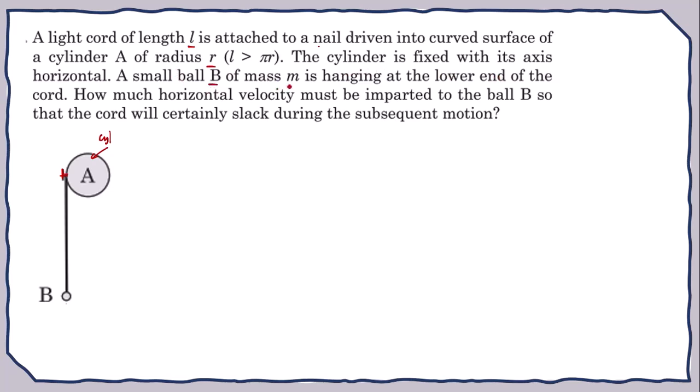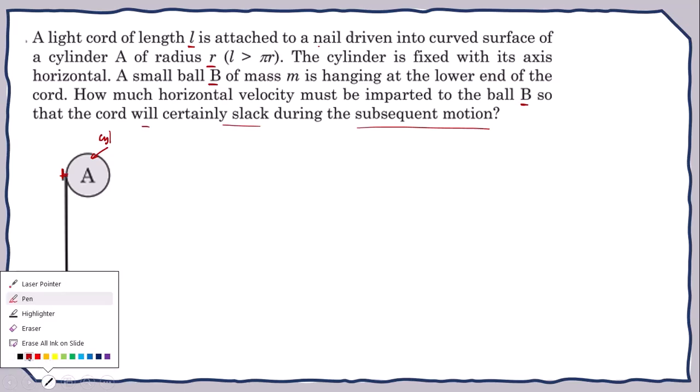A small ball B of mass m is hanging at the lower end, and you are asked to calculate the range of u on this ball B so that the cord will certainly slack during the subsequent motion. This is the situation where the particle is performing a vertical circular motion.